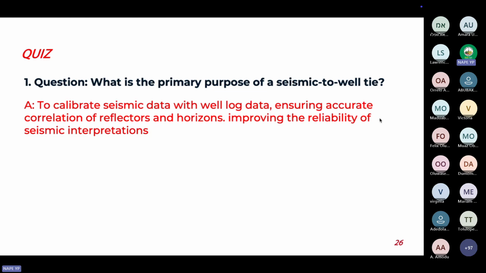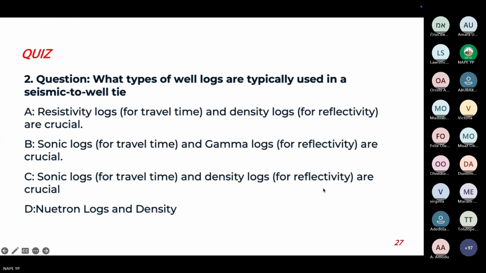Question 2 is up. What types of well logs are typically used in the seismic-to-well tie? Is it the resistivity for travel time?